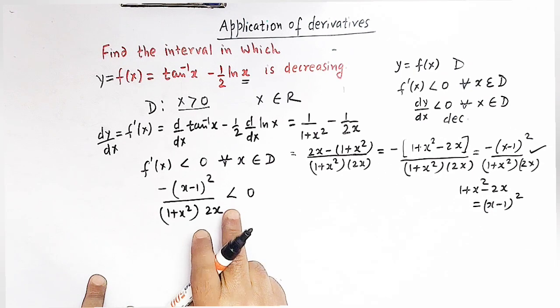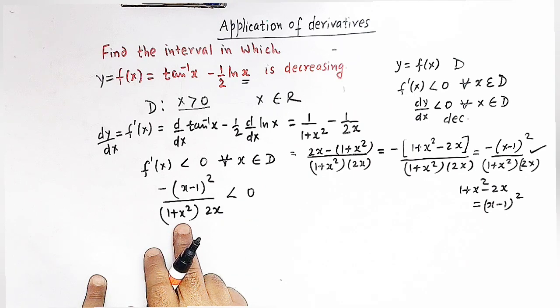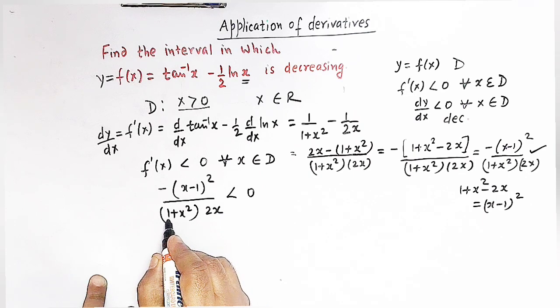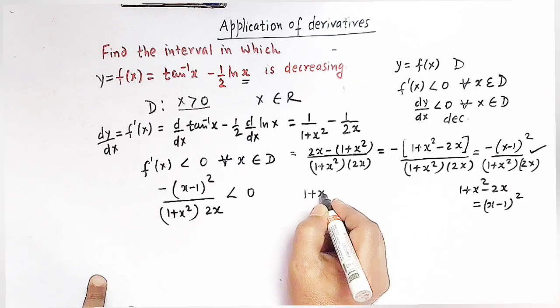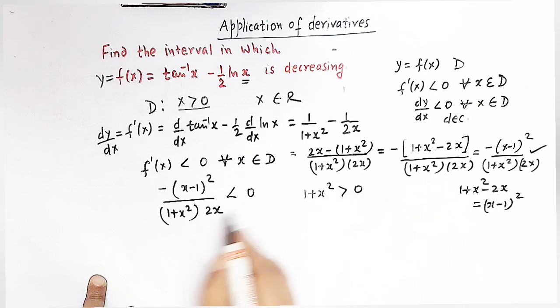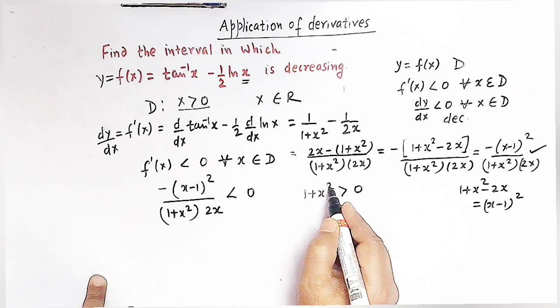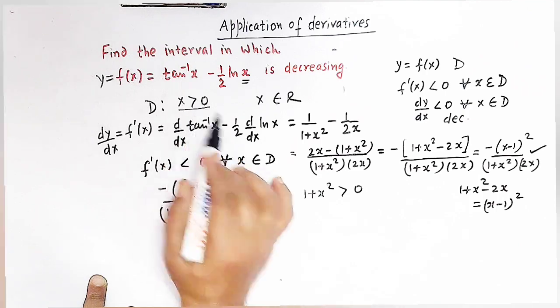Now from this inequality we can easily conclude that this expression, that is 1 plus x square, is always greater than 0, because here we have x square. So this term is always going to be positive for all x greater than 0.